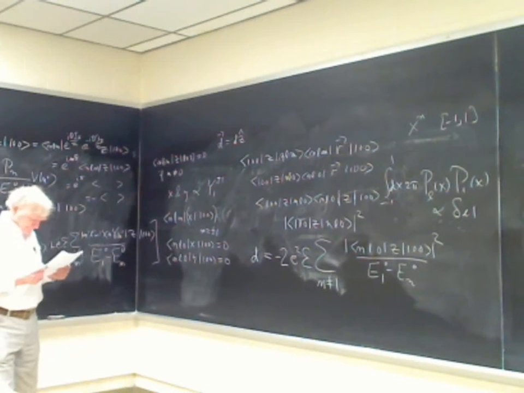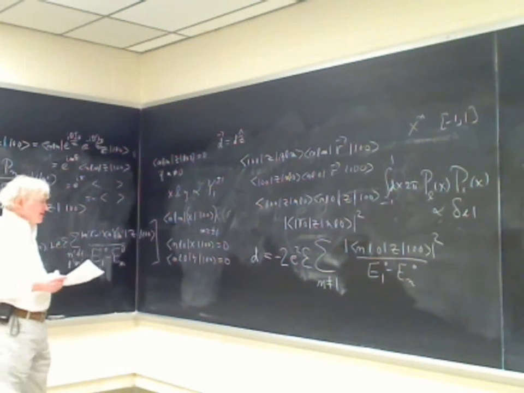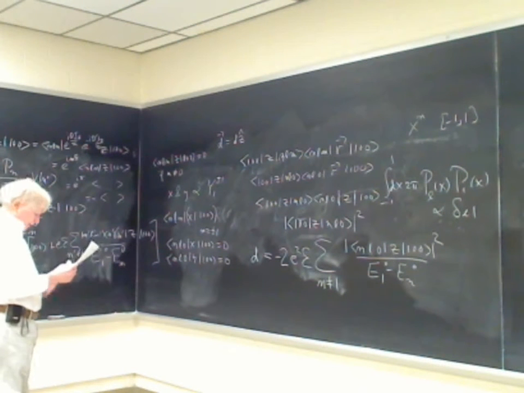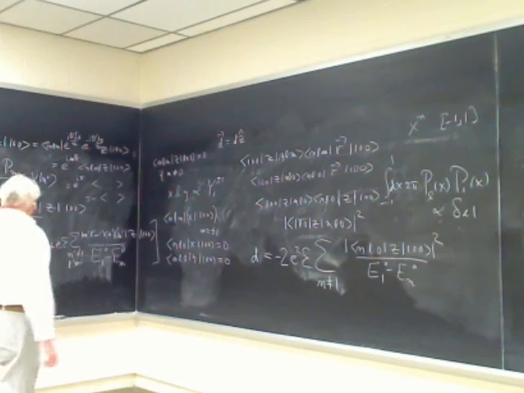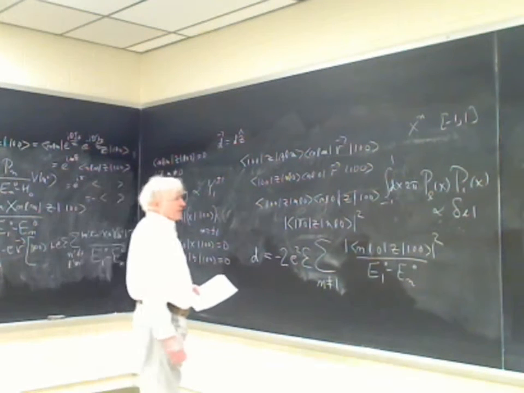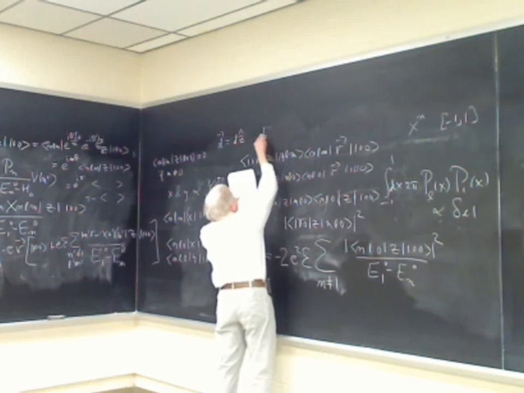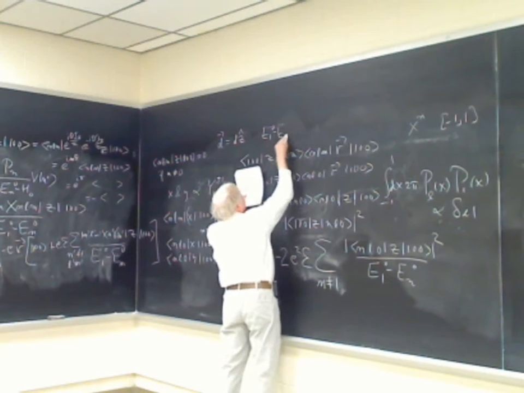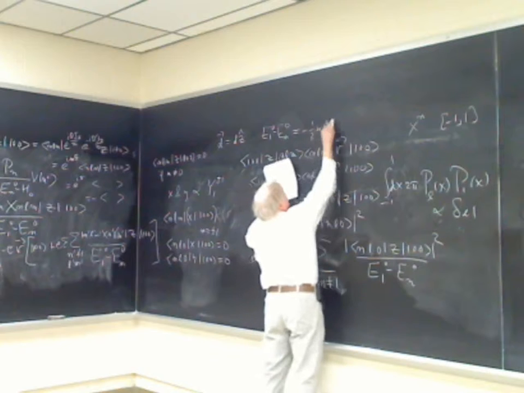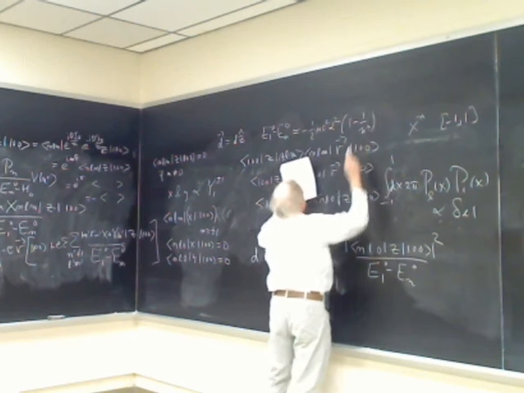Okay. All right, now it's a matter of computing all of this. So what is E10 minus En0? We're always running out of blackboard space, so I'm going to use this space here. E10 minus En0. This is going to be minus a half mu c squared alpha squared times 1 minus 1 over n squared.